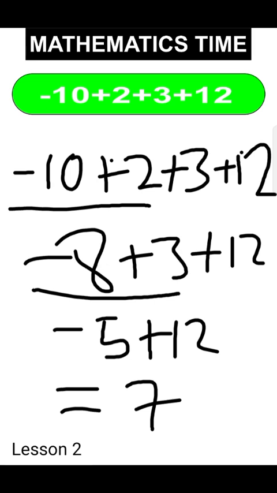So always let's learn how to use you owing, or you having, and let's take into consideration the positive and negative numbers. And when you're able to solve them two by two like this, math becomes so easy.